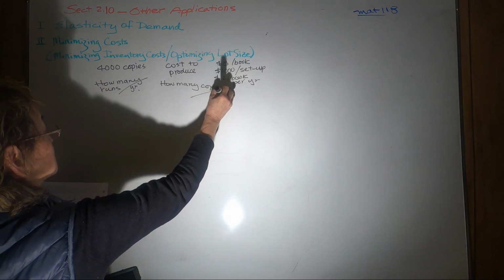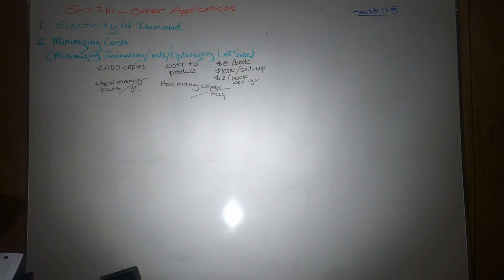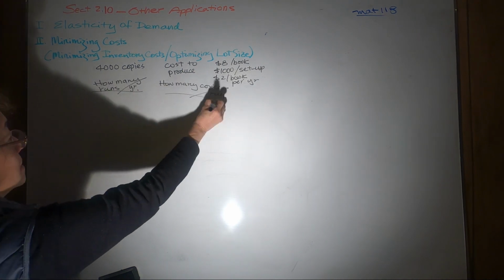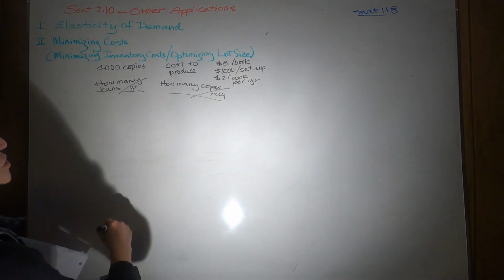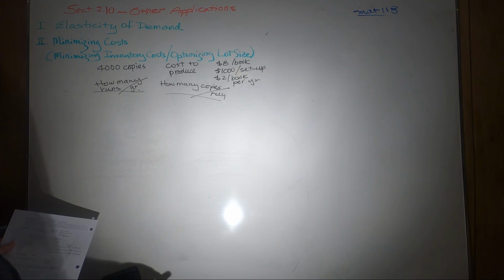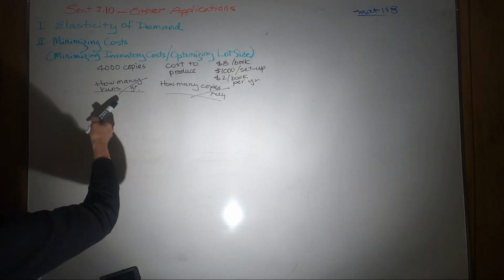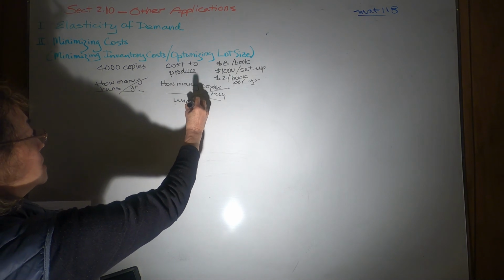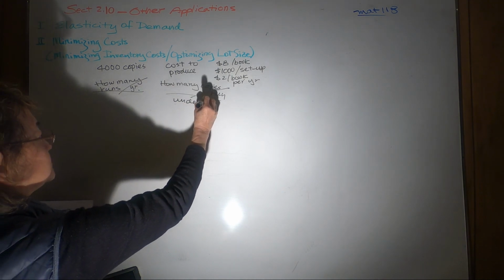If you know how many runs per year, then you know how many copies per run. Or if you know how many copies you want to run each time, then you can decide how many times you are going to run it. So both are undecided.